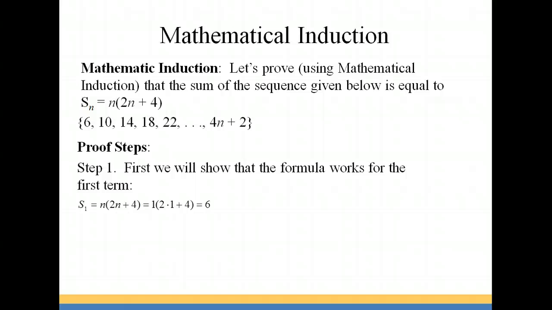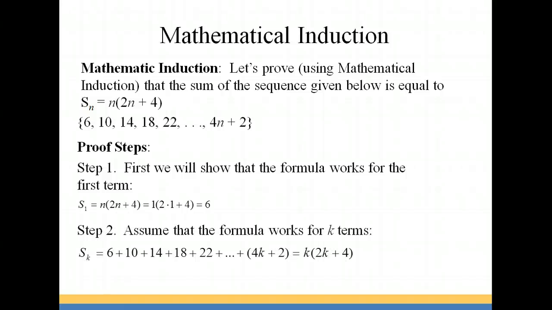So we have S1 is equal to n times 2n plus 4, and replace n with 1. So we get 6. Now we want to actually assume that it works for k terms. So we're going to go through and replace n with k. So we have k times 2k plus 4 is our sum.